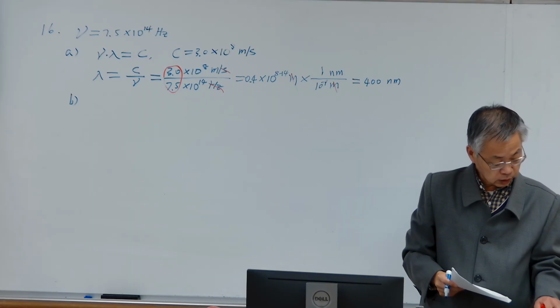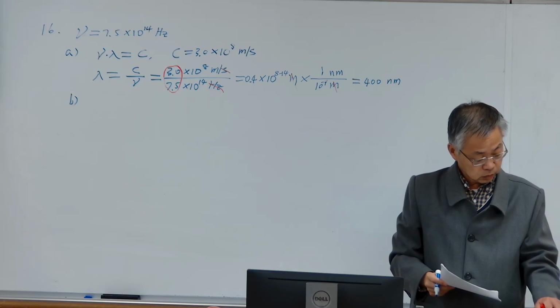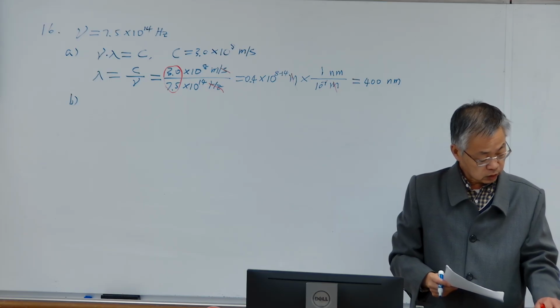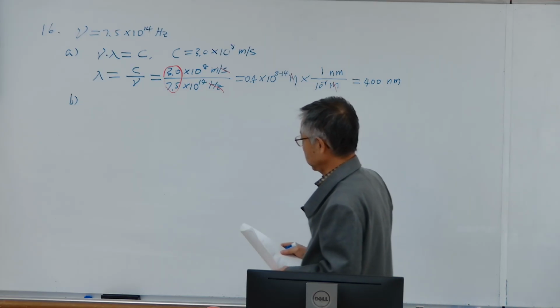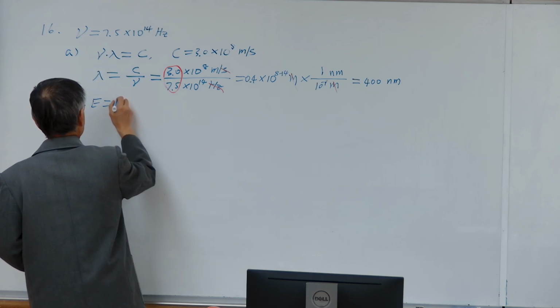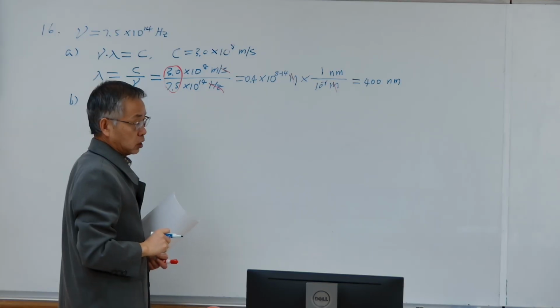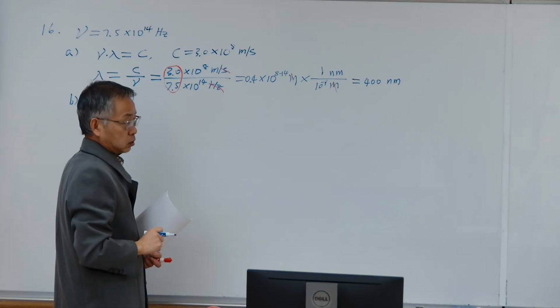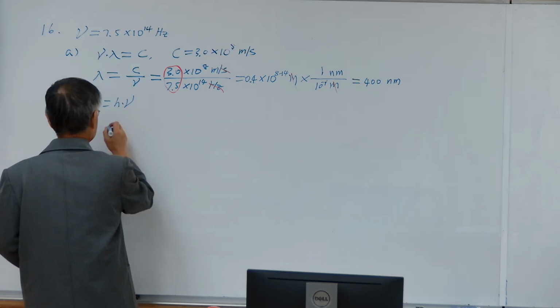Also, calculate the energy in joules of a single photon associated with this frequency. So we know the energy for one photon equals h times nu. H is the Planck constant. During the quiz or test, I will provide you this value.